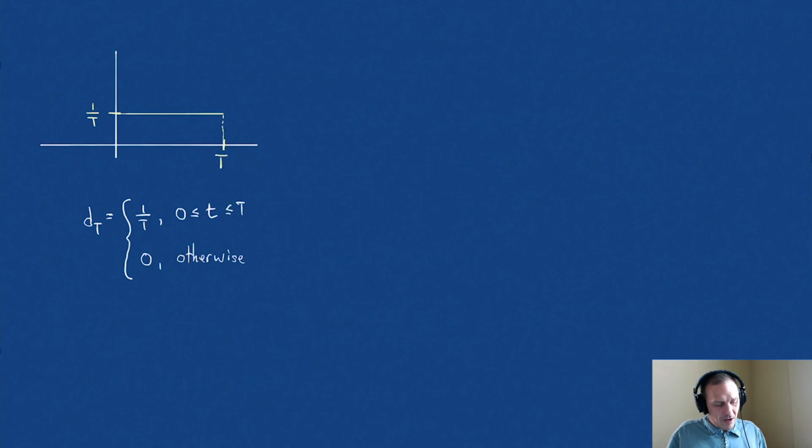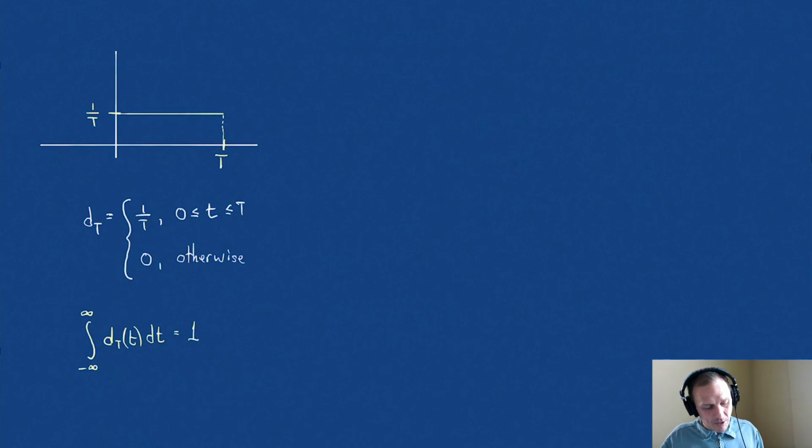So look at this. If you take the integral from negative infinity to infinity of this function, we're calling it d sub T of t, dt, that's just going to equal 1. Well, here's what gets interesting. What happens if T starts to get smaller?